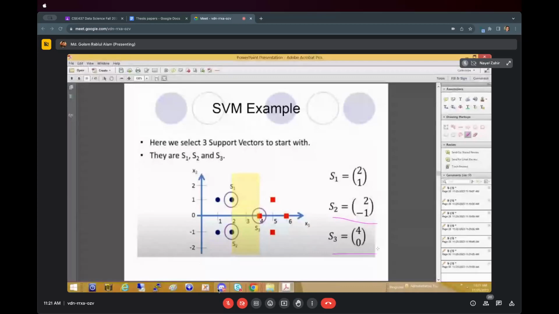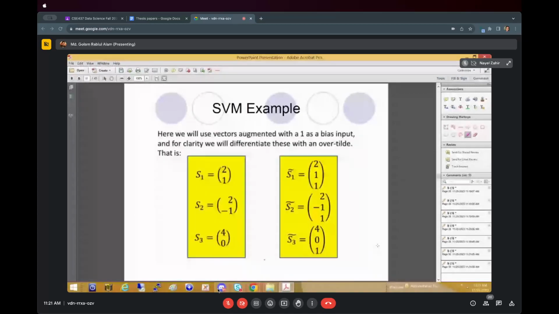If we do the augmentation, then we have to add another dimension, and in that dimension we just place 1. So that means (2, 1, 1), (2, -1, 1), and (4, 0, 1). After augmentation, we get these support vectors S1 tilde, S2 tilde, and S3 tilde. In the third dimension you can see we just put the 1 for the augmentation purpose.